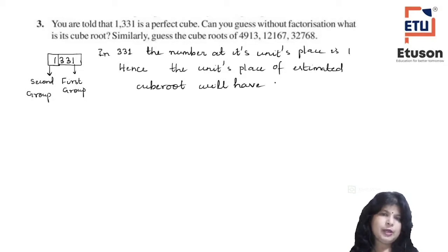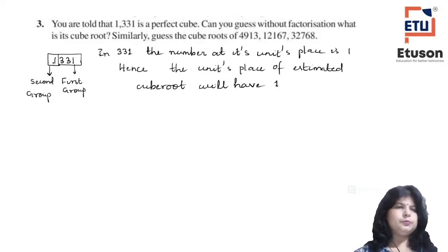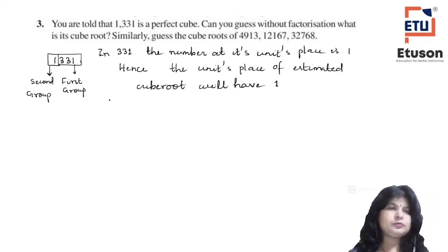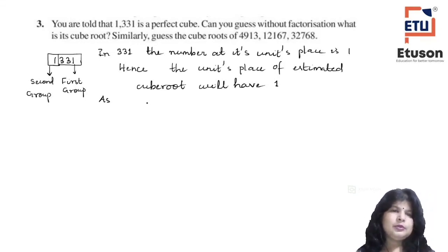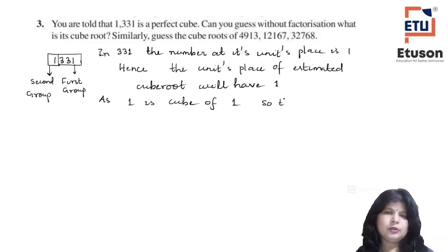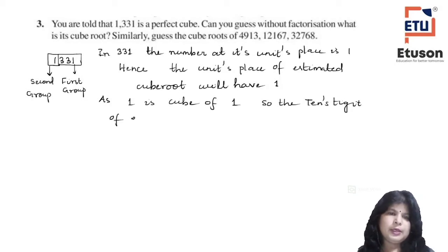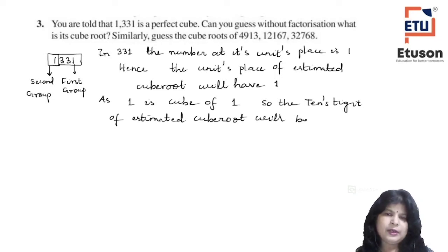Now let us go to the second group, that is 1. As 1 is the cube of 1, the tens digit of the estimated cube root will be 1 again.